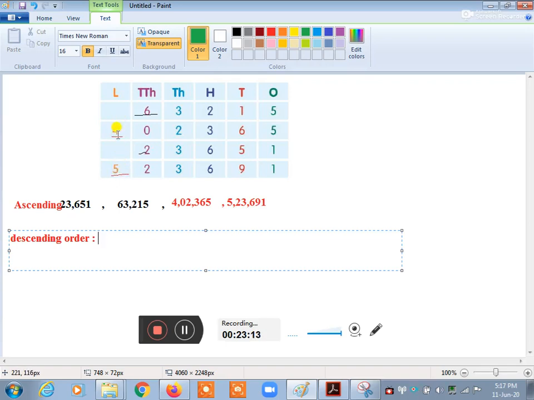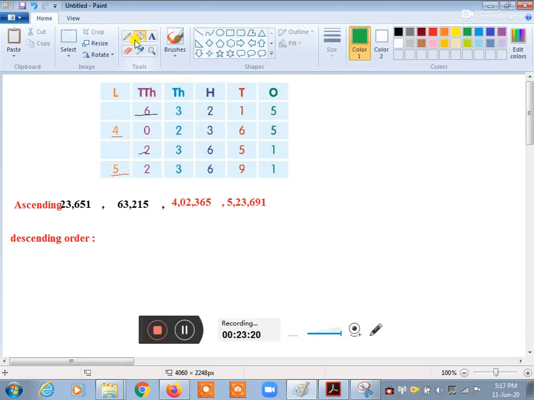These two are 6 digit numbers, and these two are 5 digit numbers. So first we have to compare the 6 digit numbers. So 5 is greater than 4. So the greatest number is 5,23,691.